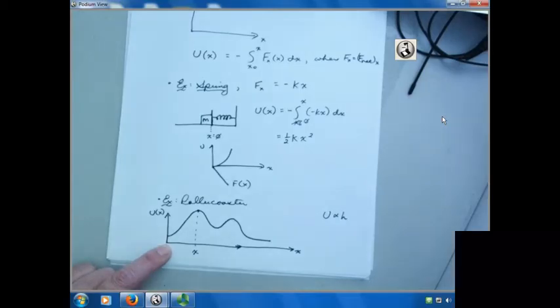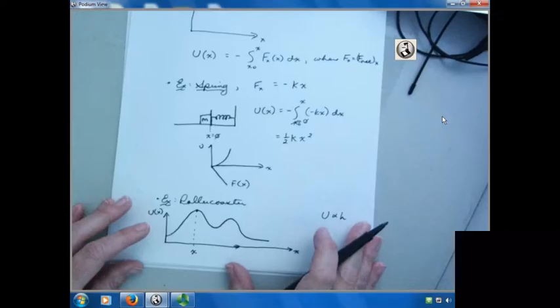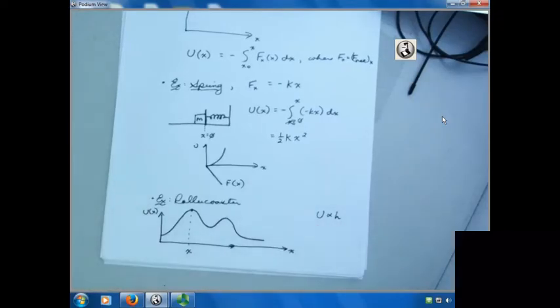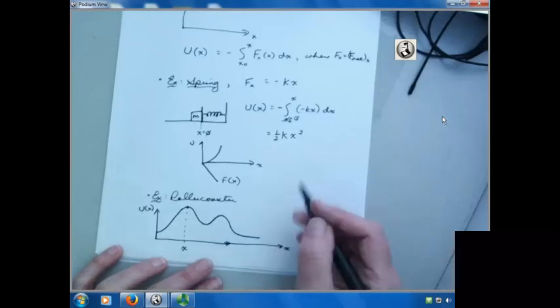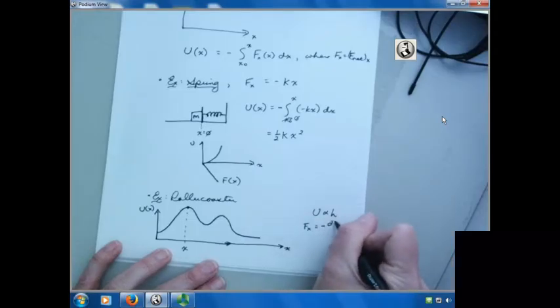All right. So what that means is that I can think about this potential energy diagram, and I know that the x component of force is equal to minus du dx.